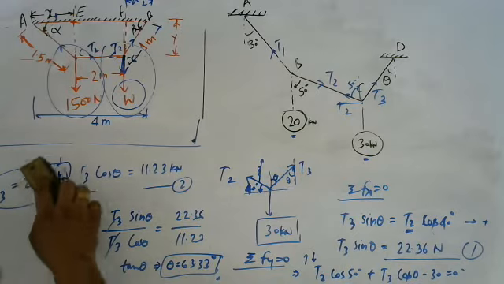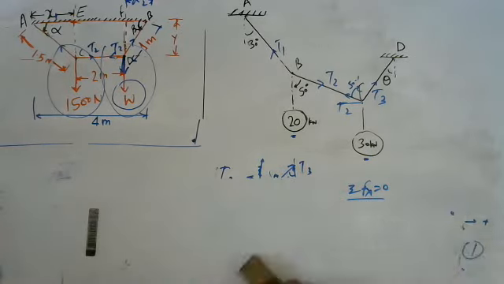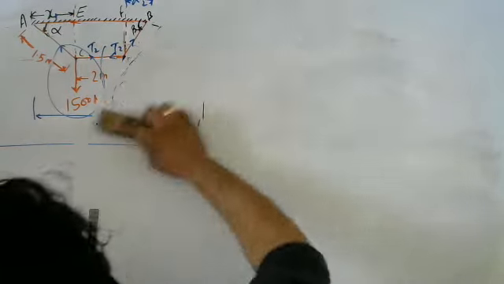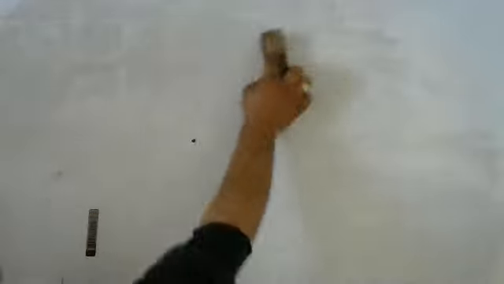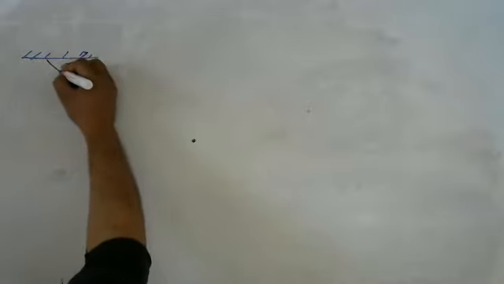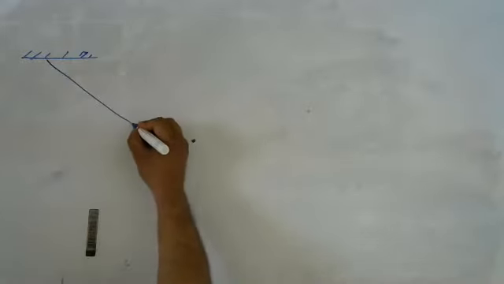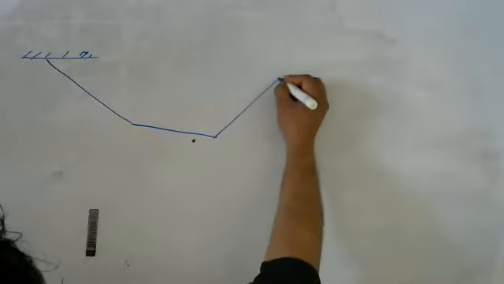One more problem I will give you to solve related to this topic. You can try it as a practice. So this is a diagram you see here. The wire support is connected at this location like this, and again like this and like this.